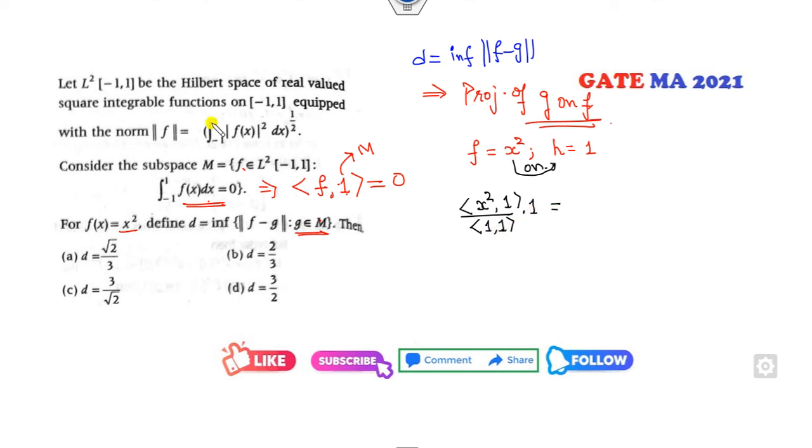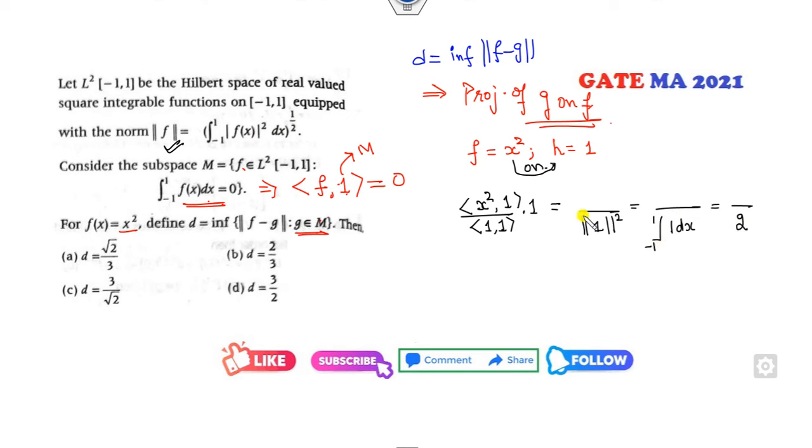The denominator is the norm of 1, and the numerator is the inner product. What is the definition here? It is the integral from minus 1 to 1 of 1 square, that is 1 into dx, and it is my norm square. So the denominator part is 2.